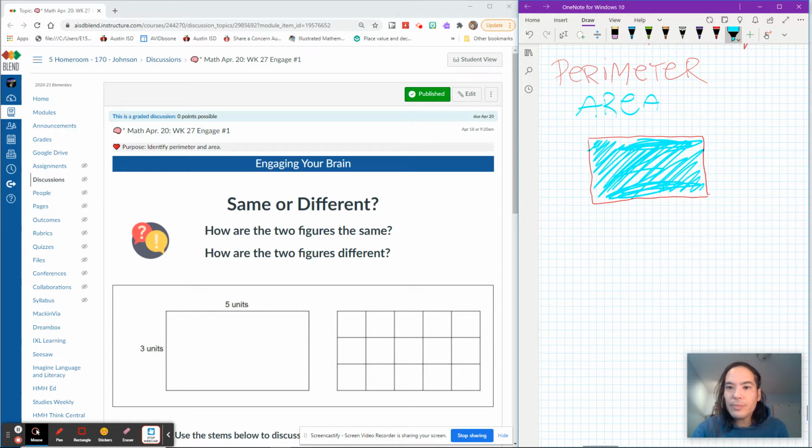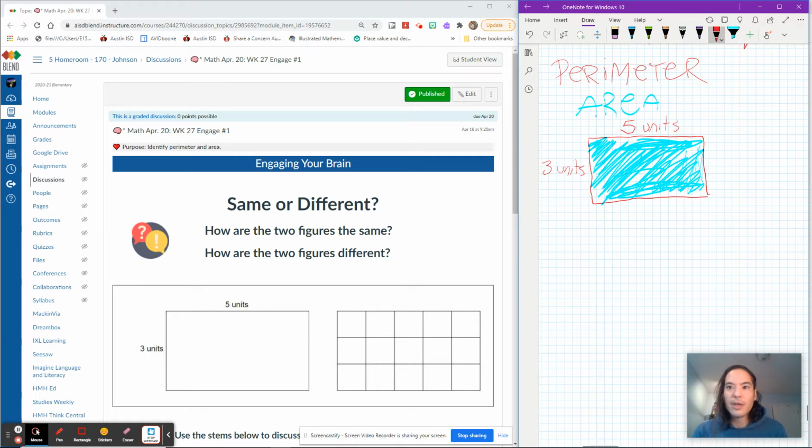When we talk about the outside, we're talking about just units in general. For instance, using the measurements from over here, 5 units, and over here is 3 units. And units will turn into things like inches, centimeters, meters.